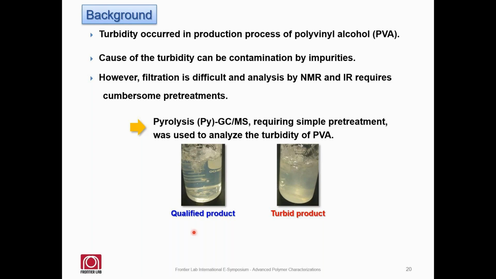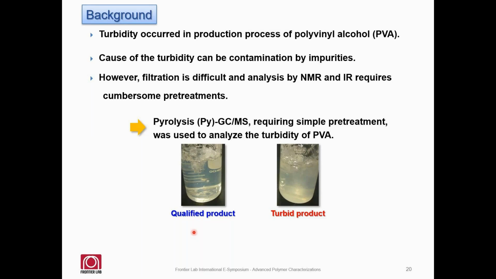To address this problem, you can simply say, why don't you filtrate and use techniques like NMR and IR. But it is very difficult to do the filtration because it's already turbid. The contaminated product might be because of impurities or whatever reason, so the turbidity occurred and we cannot filtrate that easily.